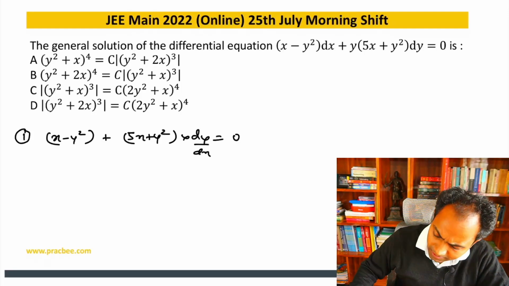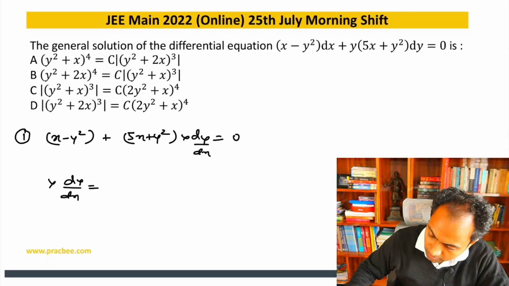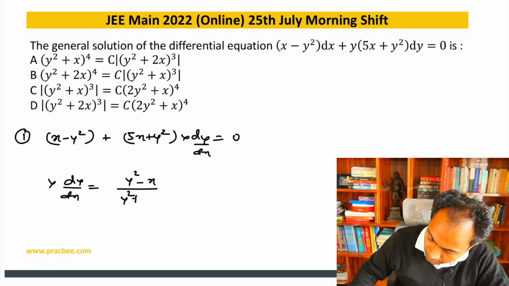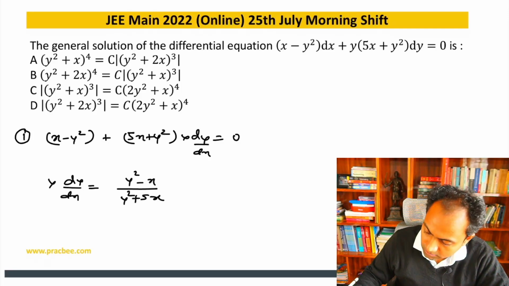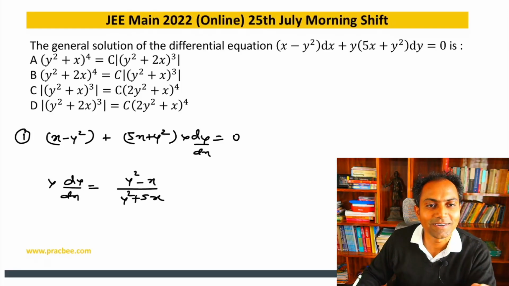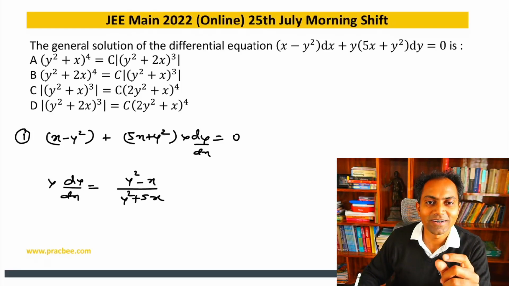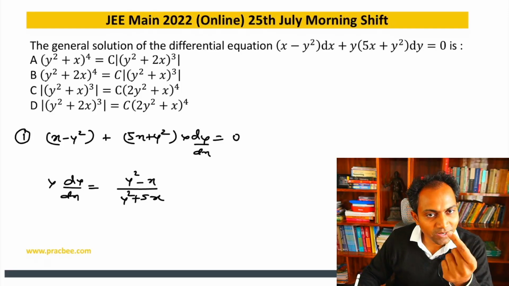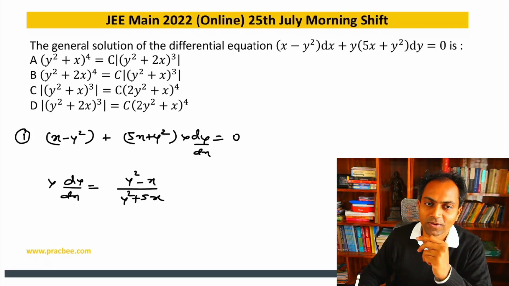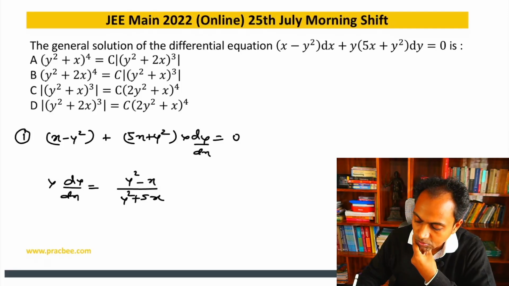If I write it like this, then after just one step you will be able to see what is happening. So this will become dy by dx equals (y square minus x) by (y square plus 5x). You can see that had there been a y with one power in place of two powers, that is y square, it would have become a homogeneous one.